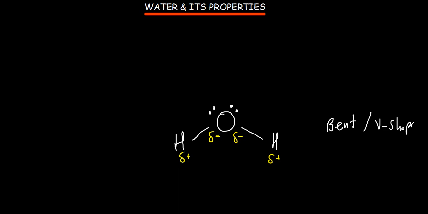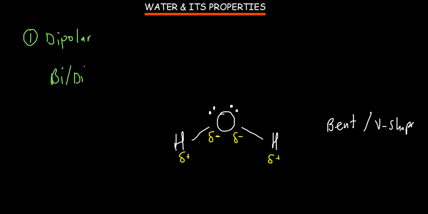Okay, so to show that, we can use just a line, and that is going to be a dipole moment. One thing that I'm trying to explain here is the first property of water: water is dipolar. We can say dipolar or bipolar, since the words bi and di both mean two, right?